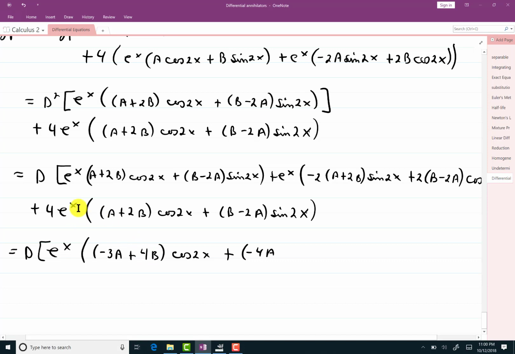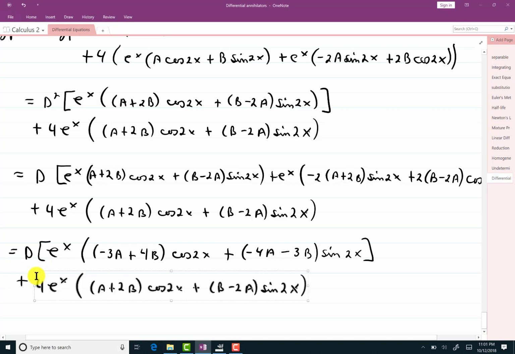And going on with the sine, I'd better get some sort of a 3b with the sine. Let's take a look. I have 1b times sine here, minus 4b times sine here, so that gives me negative 3b times sine of 2x plus, let's go ahead and throw in that other thing.